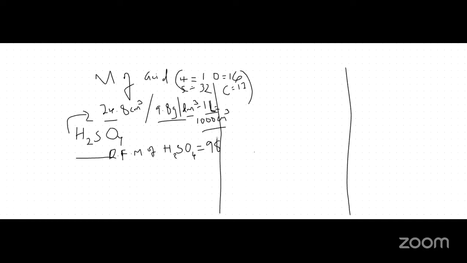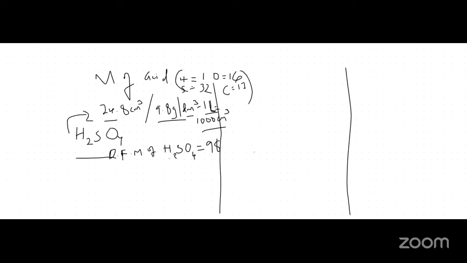So it is 98. Let me show you how it is done. The RFM is gotten by adding the individual masses of each of the atoms.